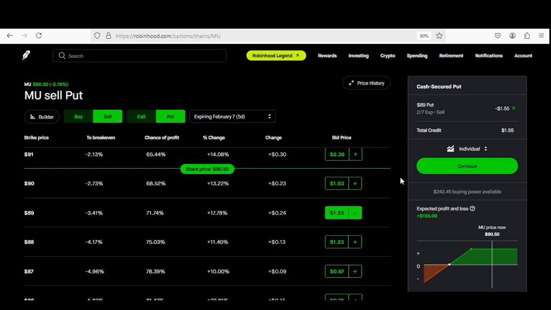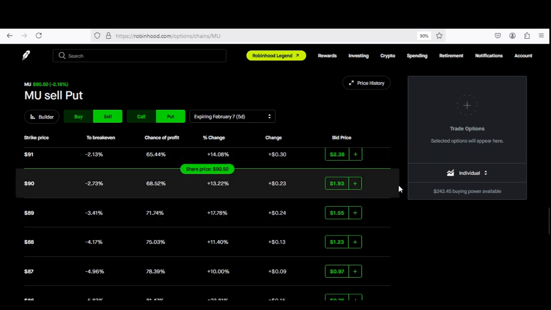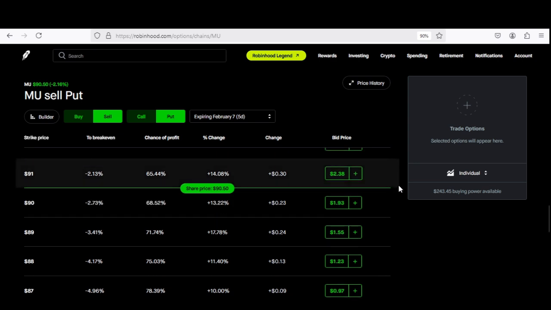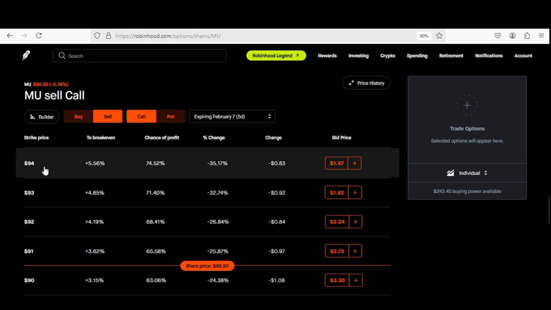Now, let's go ahead and get into another option terminology, which is going to be your strike date. Now, your strike date is extremely important as well. So we're going to go to sell a call. And remember, these are not real trades. These are just examples. So I'm going to choose the $94 strike price. We just mentioned strike price, so by now, you guys should know what that is.